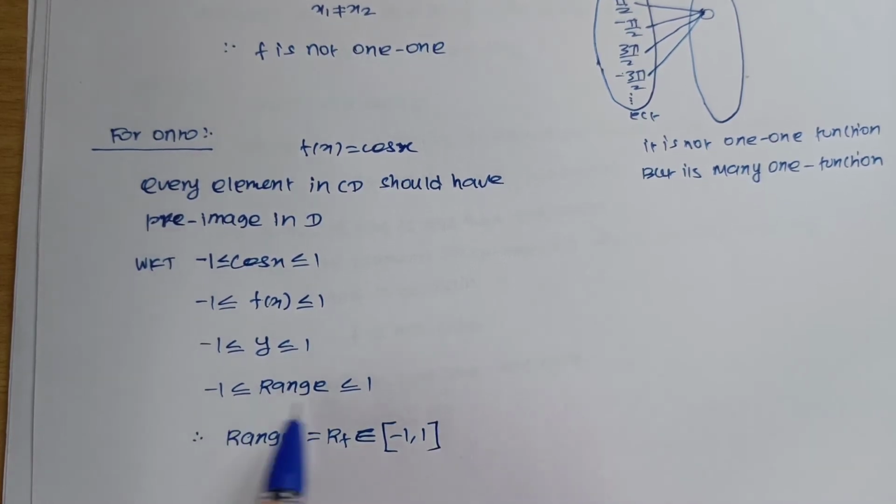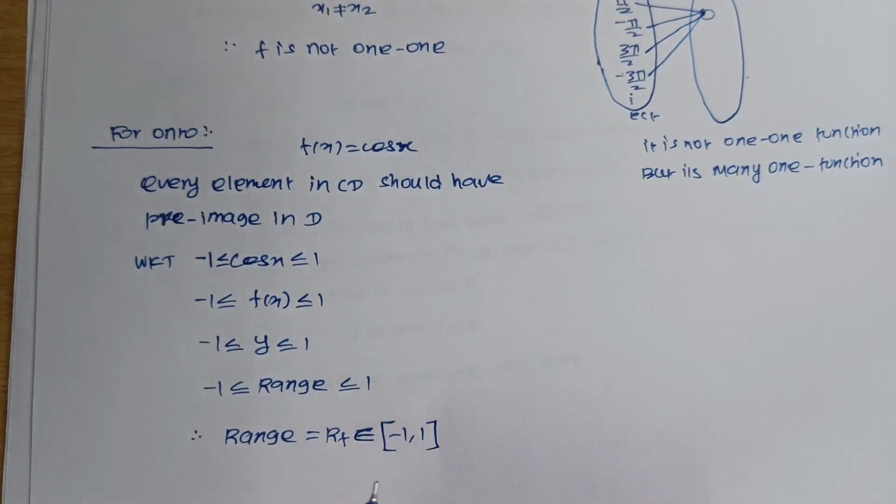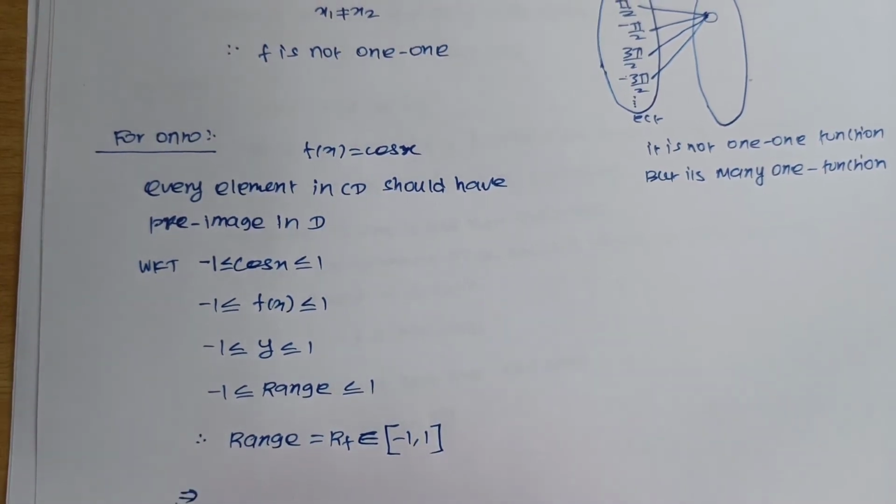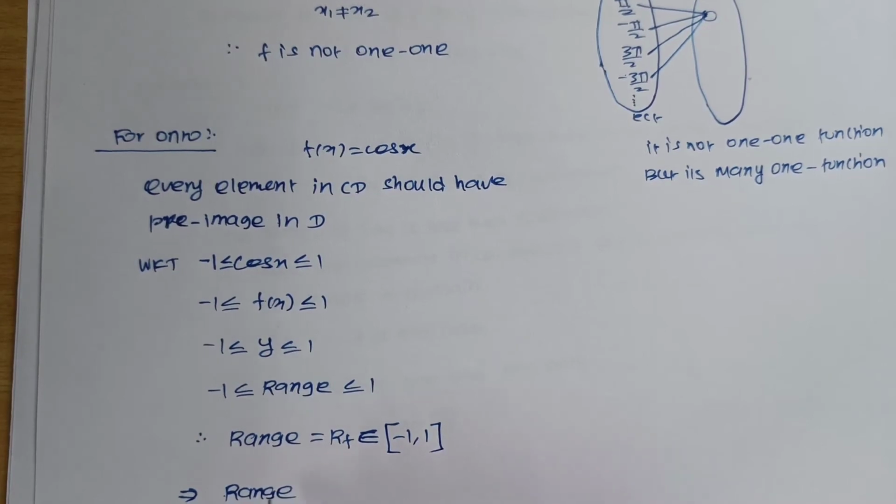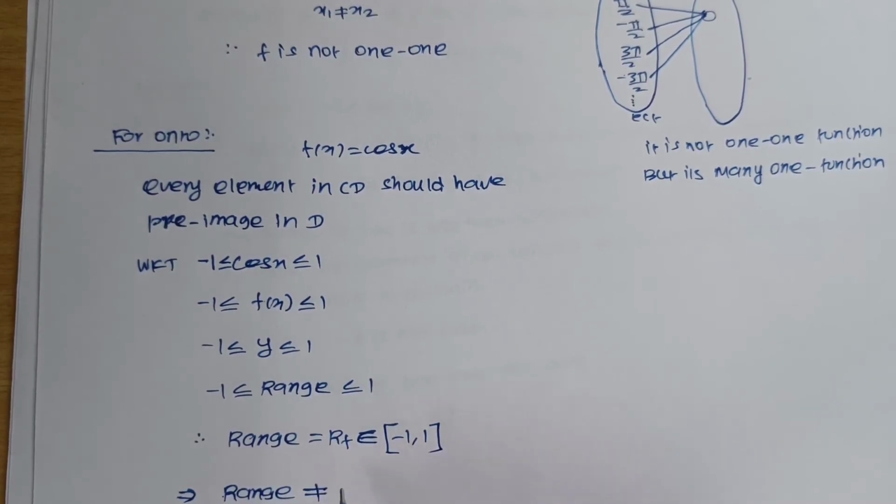Why closed interval? Because it includes these two values, less than or equal. Otherwise we could use the open interval, okay? Which implies the range is not equal to the codomain.